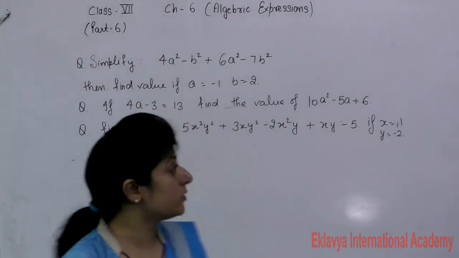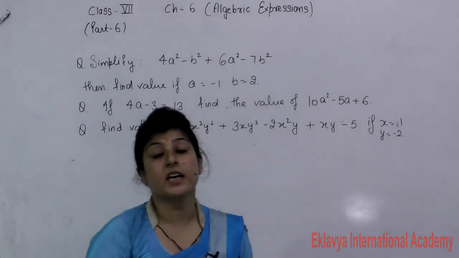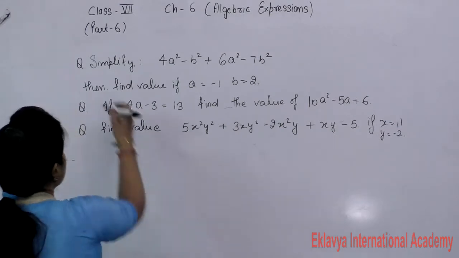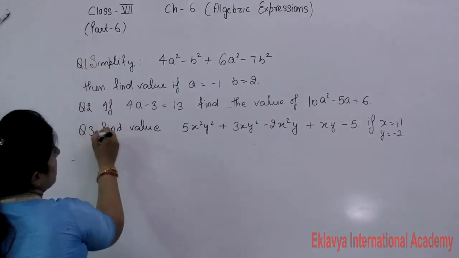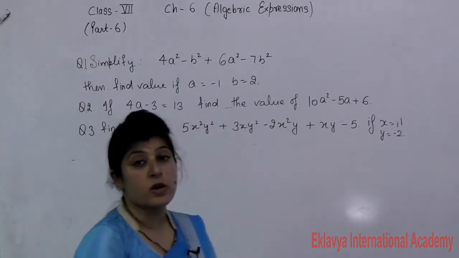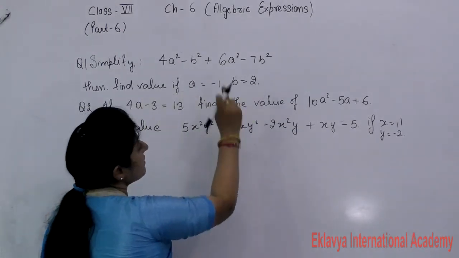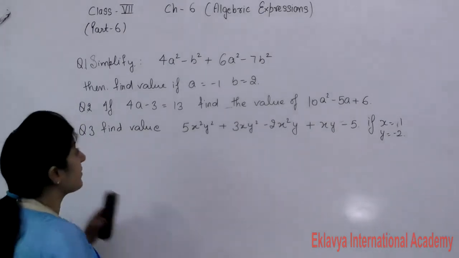We will continue this topic with some more problems here. Simplification: 4a square minus b square plus 6a square minus 7b square, then find the value if a is equal to minus 1, b is equal to 2. Then what will we do?